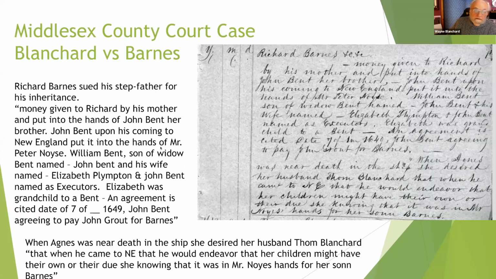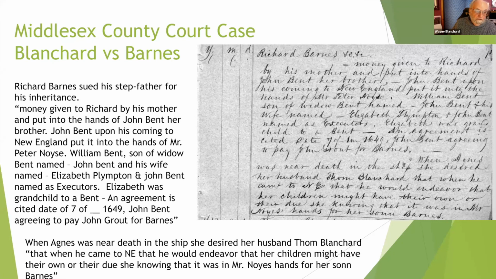The more interesting thing is this Middlesex County Court case, Blanchard versus Barnes. I won't go into a whole lot of this detail, but basically Richard Barnes was a stepson of Thomas Blanchard, and money was given by his mother to her brother John Bent, which again gives you a lot of family connections.